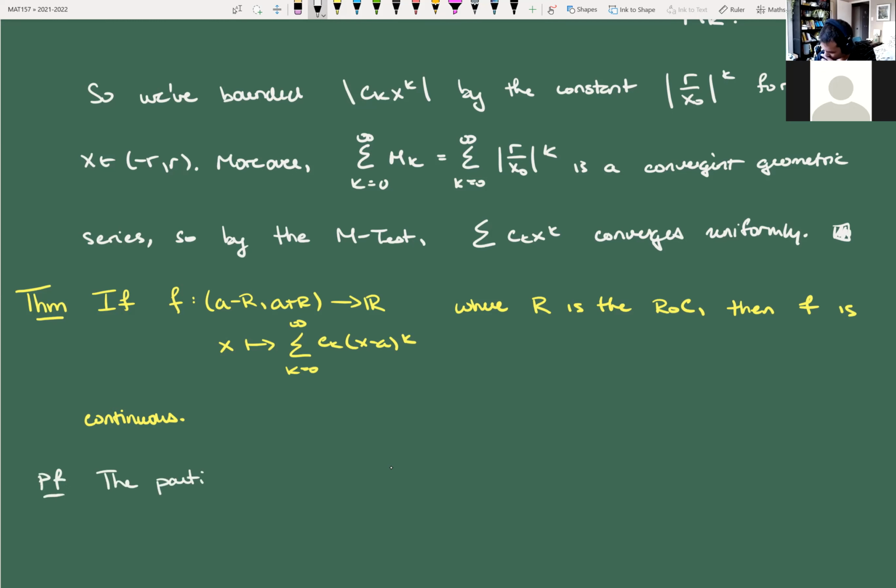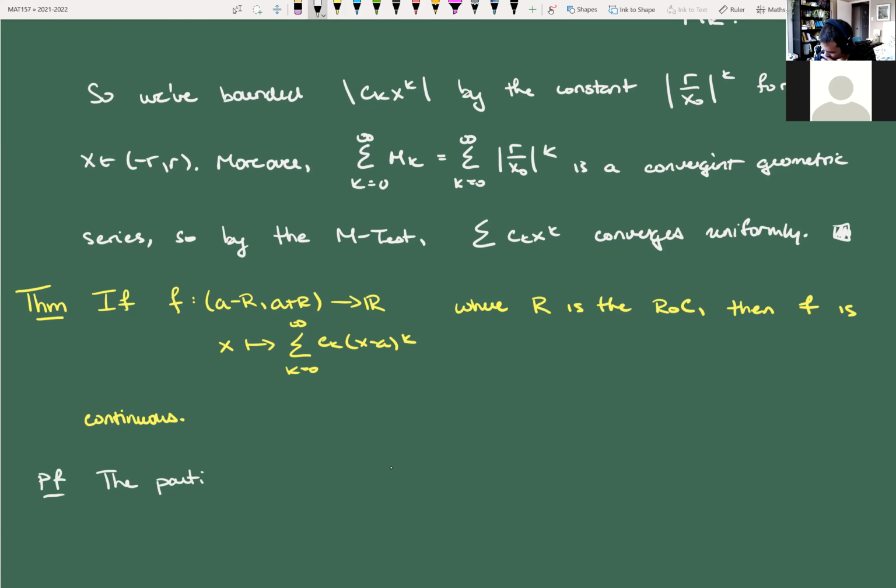But in this case, the partial sums are clearly continuous. Oop, that should be n. They're just polynomials. And because they converge uniformly, that means their limit must also be continuous on a minus little r to a plus little r for any r.